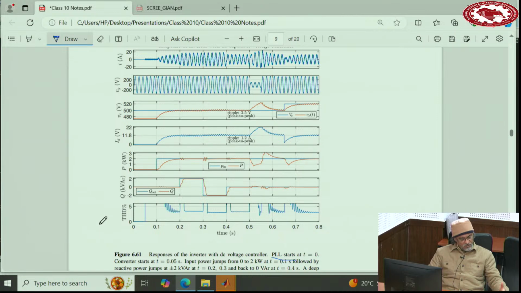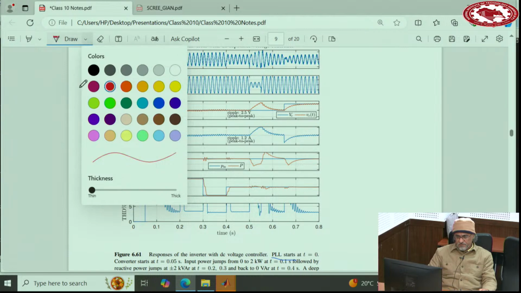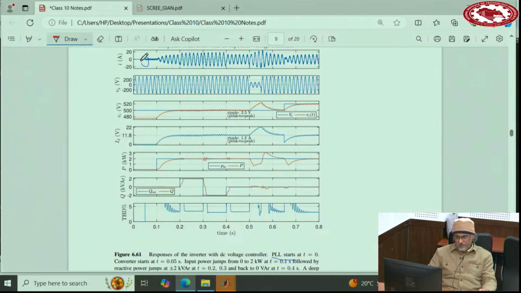You wait sufficient time here, about 50 milliseconds, for the PLL to converge, and then start switching the converter. If everything is done well, you should have a soft start. Like here.